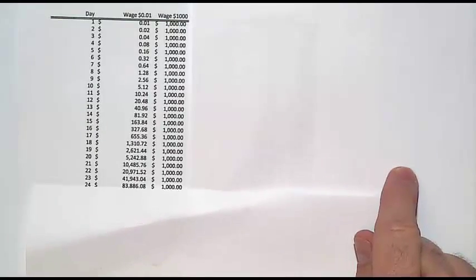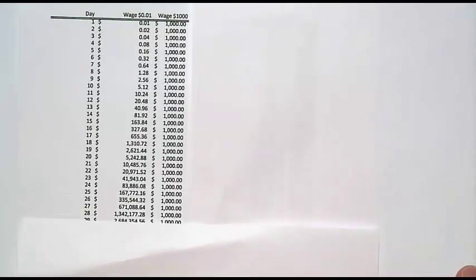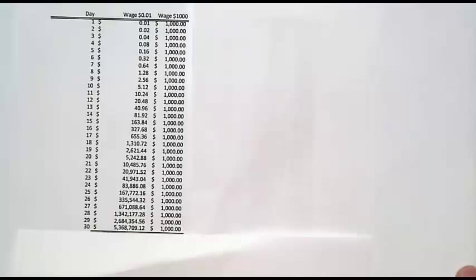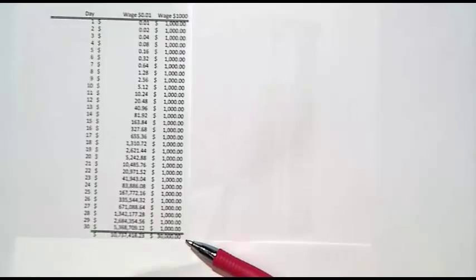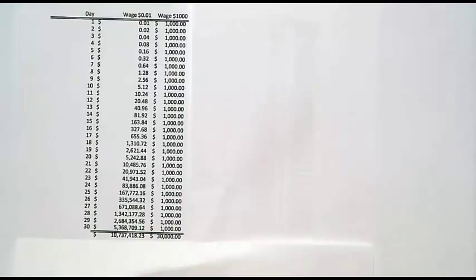But it keeps going and keeps going and keeps going until at the end of the 30 days, our last day's payment is $5,368,709.12. So if we add up the entire payments, the $1,000 a day guy, and there's nothing wrong with $1,000 a day, has $30,000, and the 1 penny guy is somewhere at $10,737,000, which I don't know about you, but that sounds better.